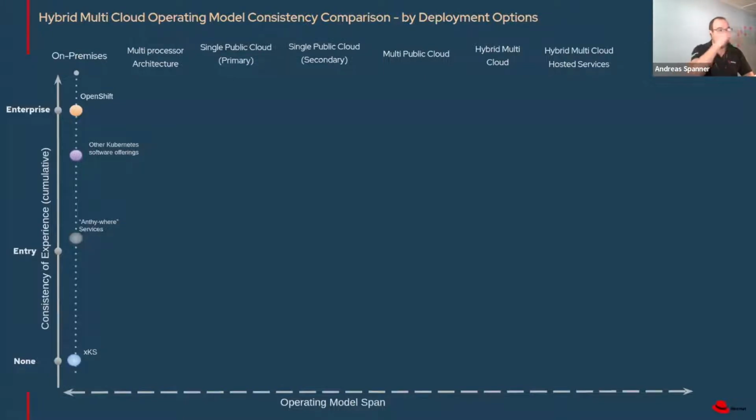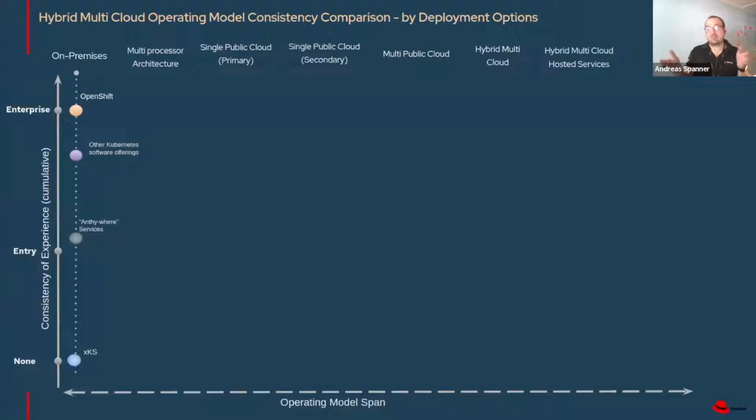So then on top of that, I've got the anti-ware services. It's a bit of a pun, because those very vendors that told us five years ago, don't worry about on-premises, on-premises is dead, there's only going to be public cloud, are now actually bringing out offerings that allow you to run containers in Kubernetes both on-premises and in the public cloud, right?